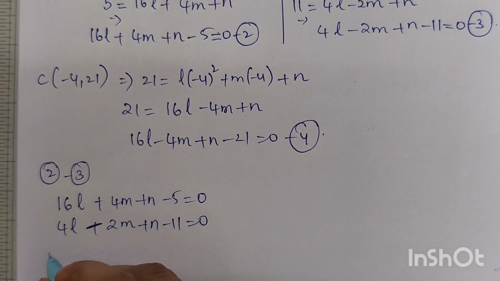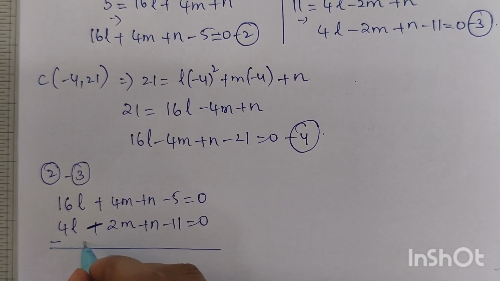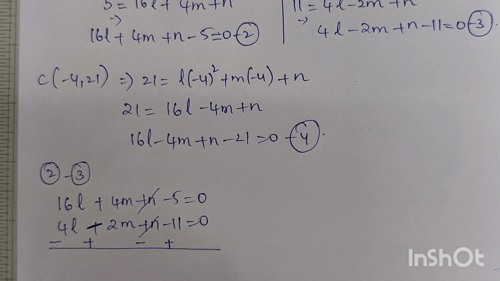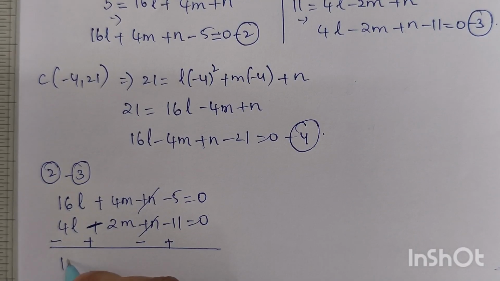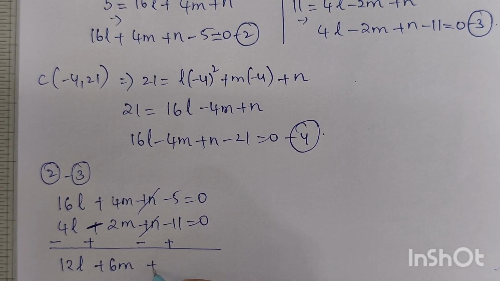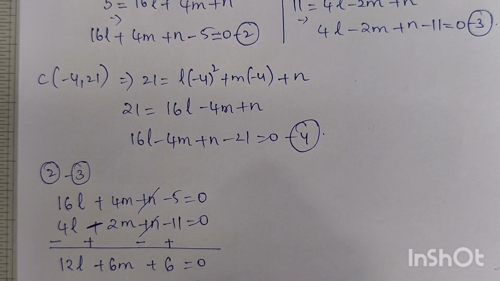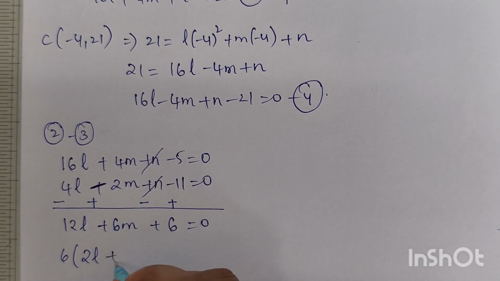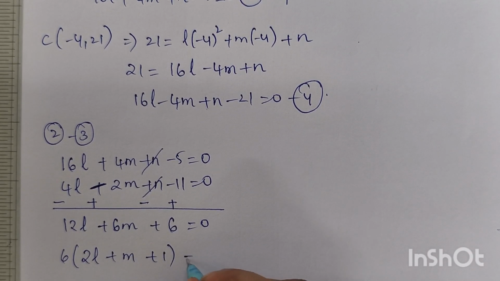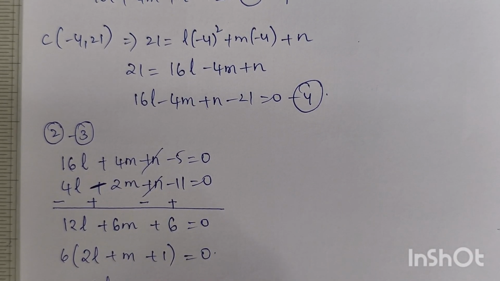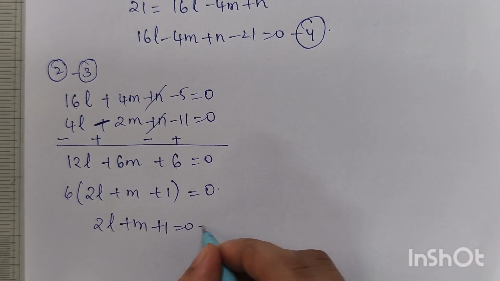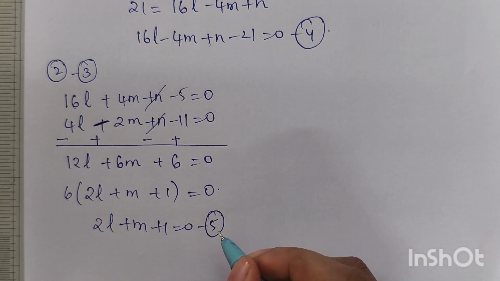Changing the sign, n gets eliminated. 16 minus 4 is 12l, plus 6m, plus 6 equals 0. Taking 6 common, we get 2l plus m plus 1 equals 0. So our equation is 2l plus m plus 1 equals 0 as equation 5.